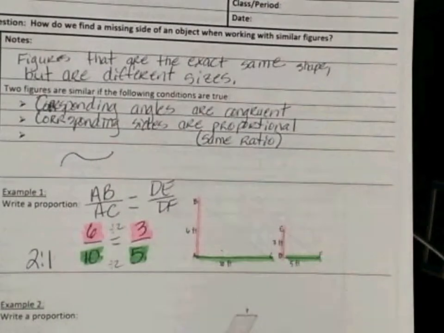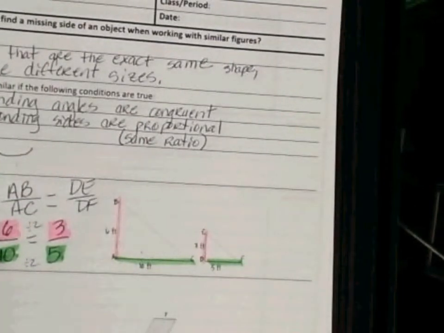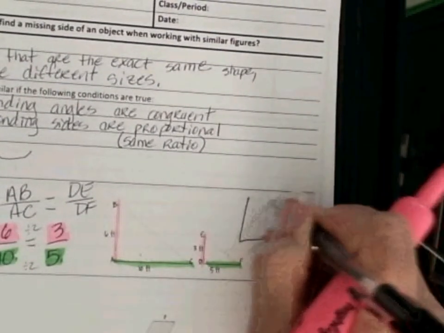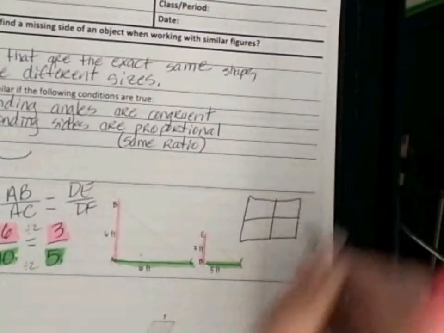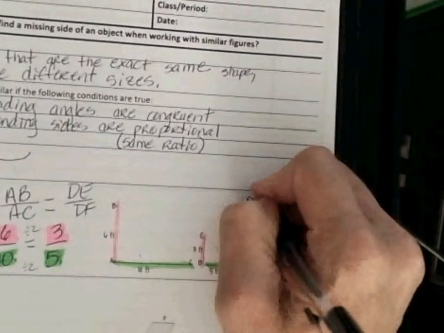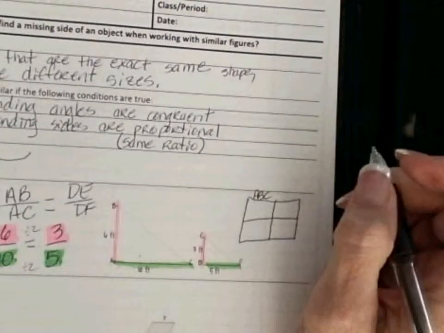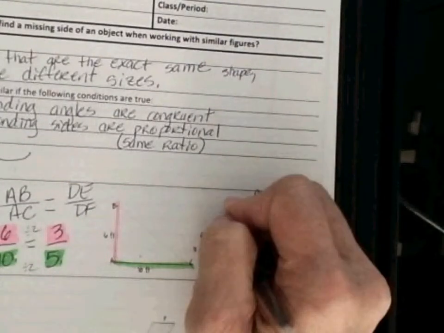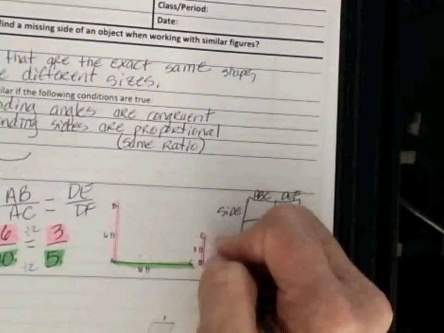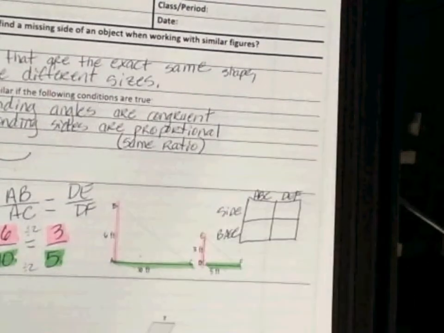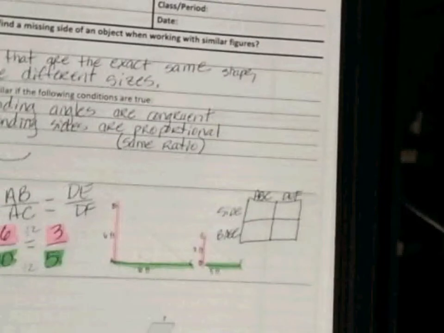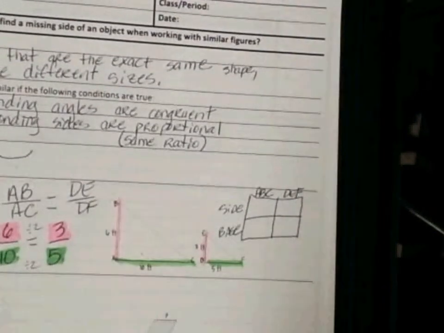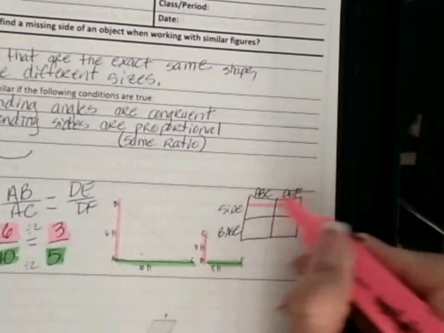So this triangle is 2 times bigger than this one. The ratio would be 2 to 1. We know that because we divide 10 by 2 to get 5, and 6 by 2 to get 3.